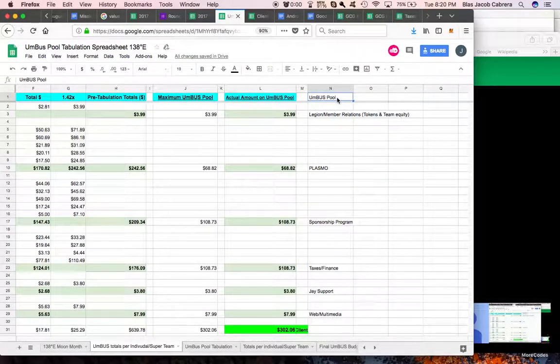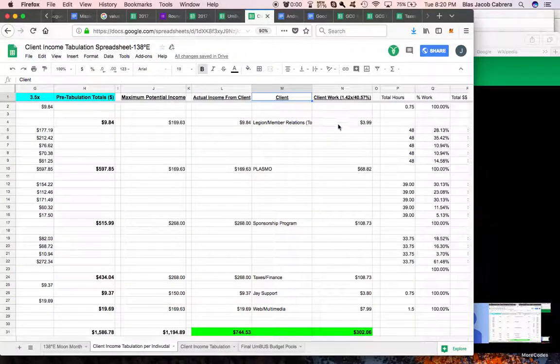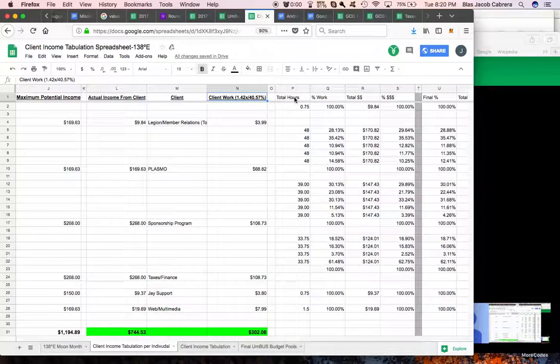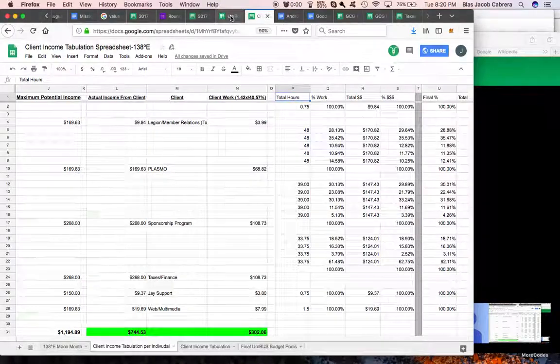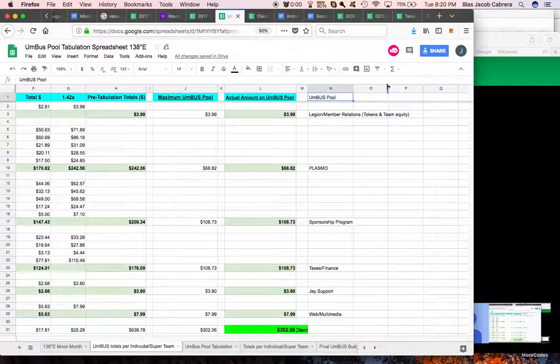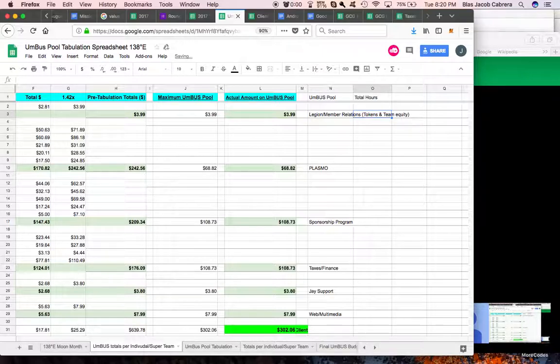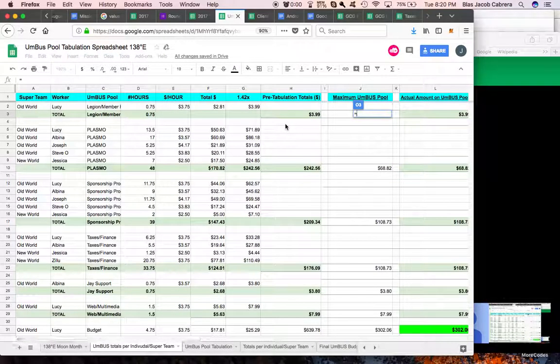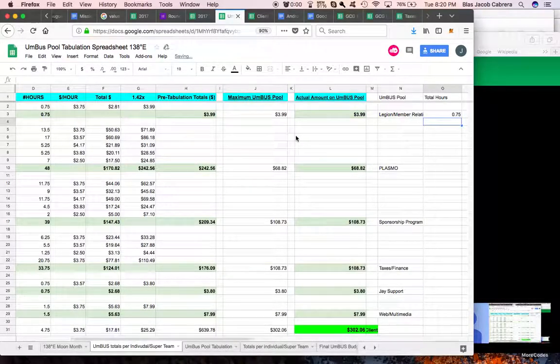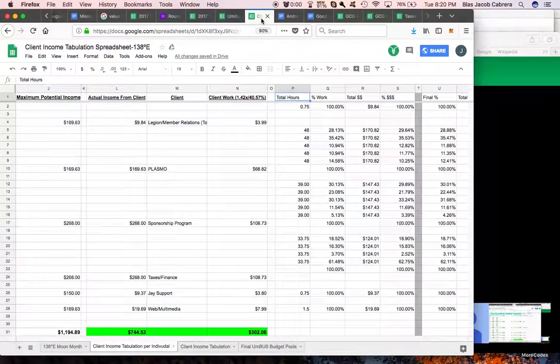All right, so the UmBUS pools are good. The next step, I think we can skip that one, total hours. So we go here and say total hours. The total hours would be equal to the work that was done and the hours that were done for that. I believe it's per person. Let's double check here.